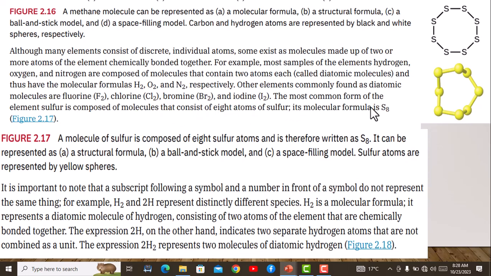Its molecular formula is S8. And as you can see, there's a single bond between these sulfur atoms. And we can go and look into this sulfur.